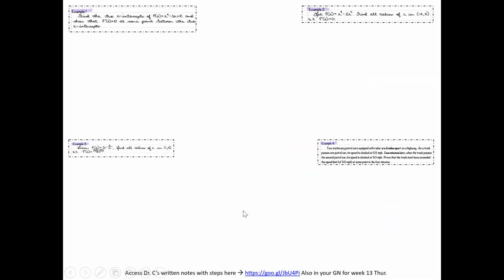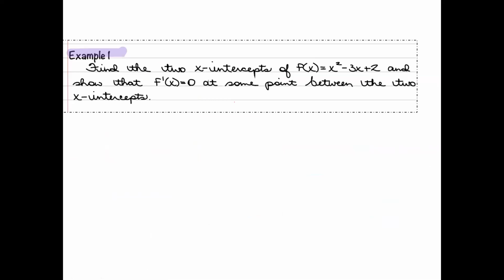Okay, we'll start off over here with the first example. Go ahead and take a look at that. It says find the two x-intercepts of f of x equals x squared minus 3x plus 2 and show that f prime of x equals 0 at the same point between the two x-intercepts.